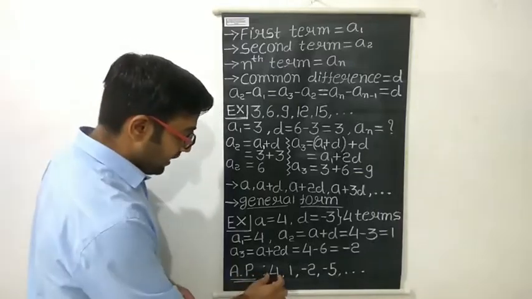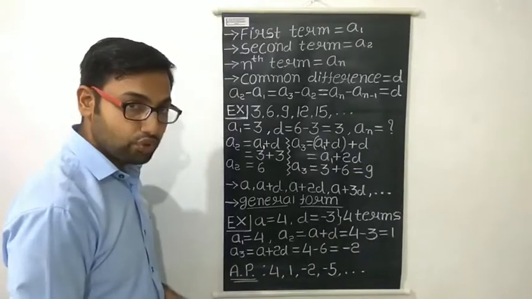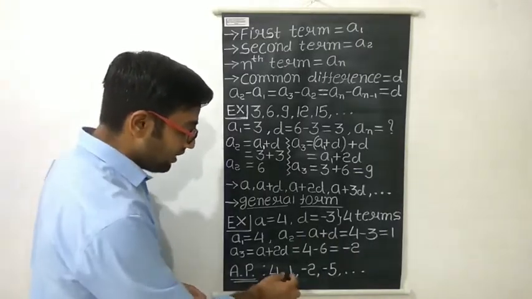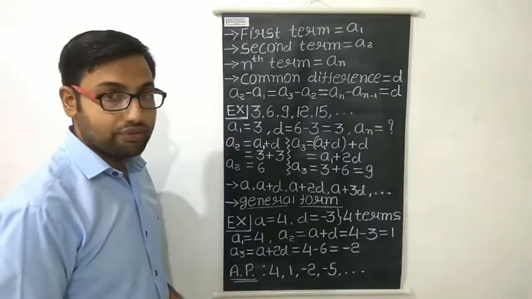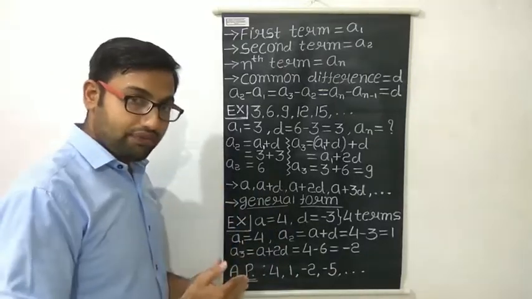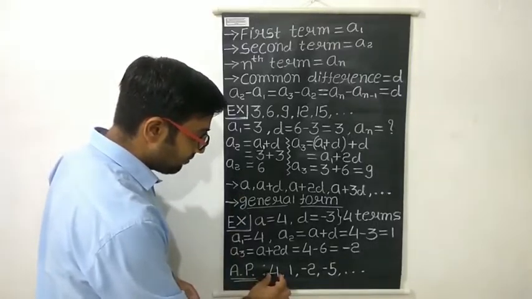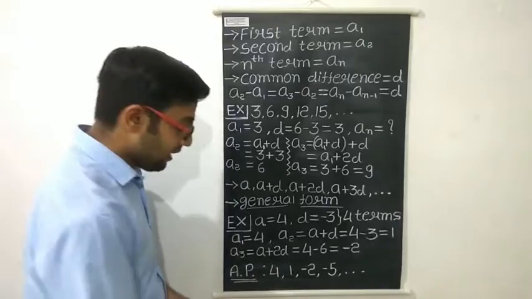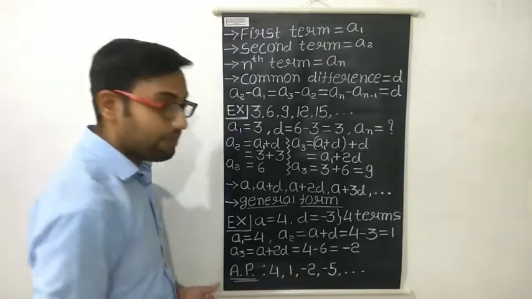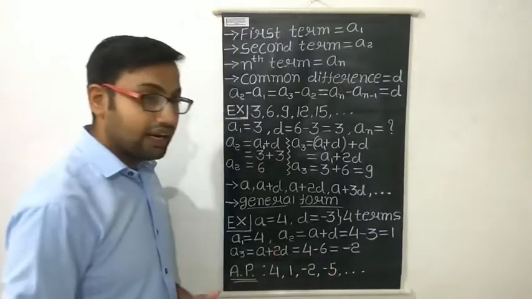To get the successive term, we add the common difference to the preceding term. By adding minus 3 to 4, we get 1. By adding minus 3 to 1, we get minus 2. By adding minus 3 to minus 2, we get minus 5.